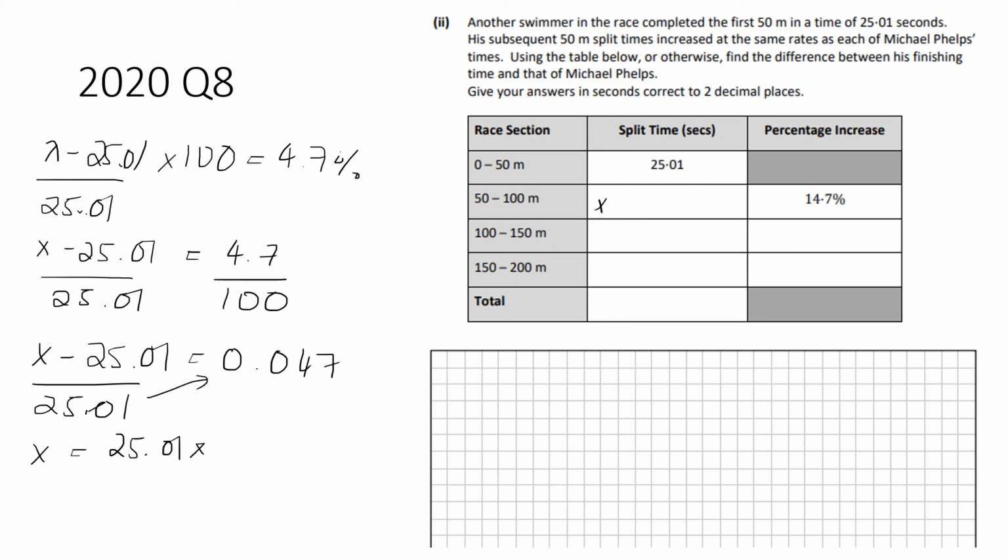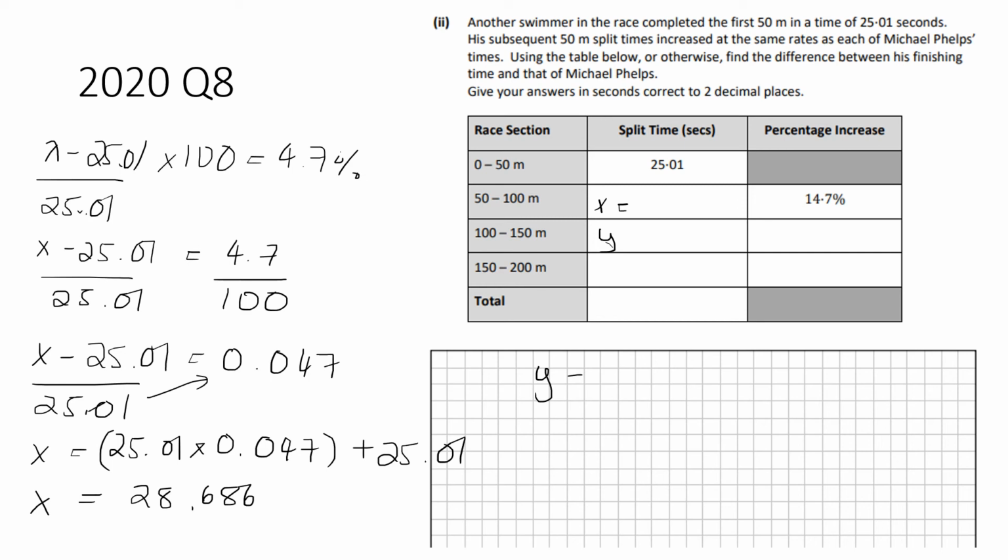So x is equal to 25.01 times 0.047, and then if you add the 25.01, you'll end up with 28.686. Okay, and if you do the same thing for the rest of them, so I'm just going to fill in what x is.